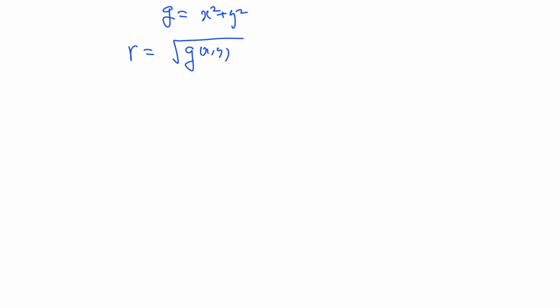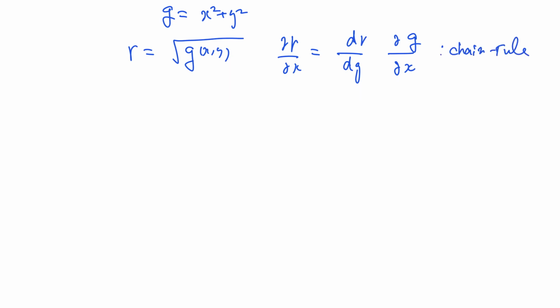So partial r over partial x is, according to chain rule, dr dg times partial g over partial x. This is the chain rule. So that is d g to the 1/2 over dg times partial g partial x.